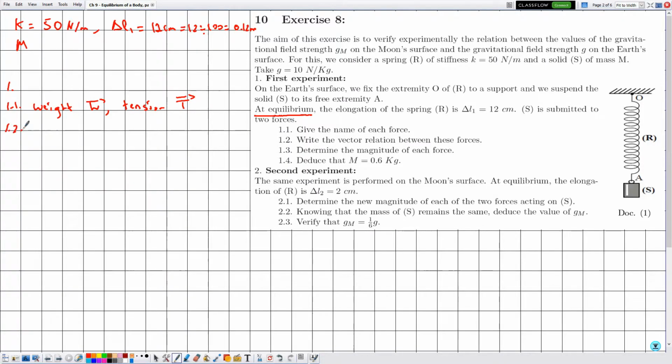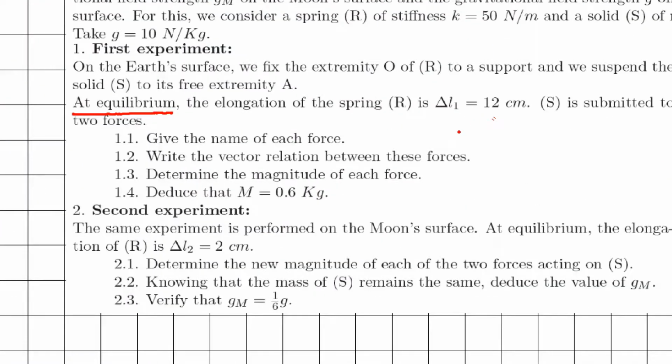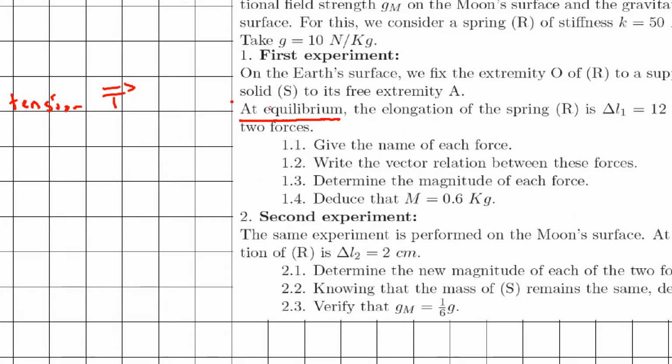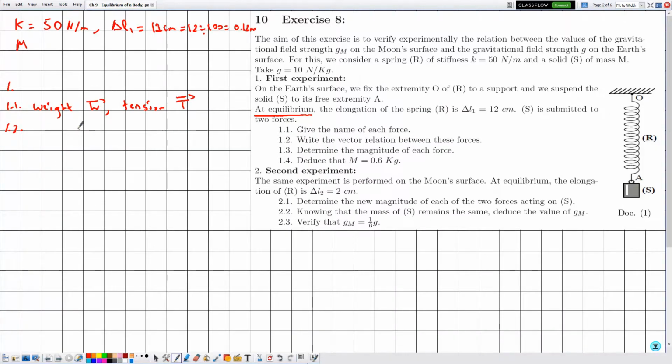Now in 1.2 they are asking us to write the vector relation. And here the vector relation corresponds to the condition of equilibrium. And we can use it because it is already at equilibrium. So as a title we will write at equilibrium.